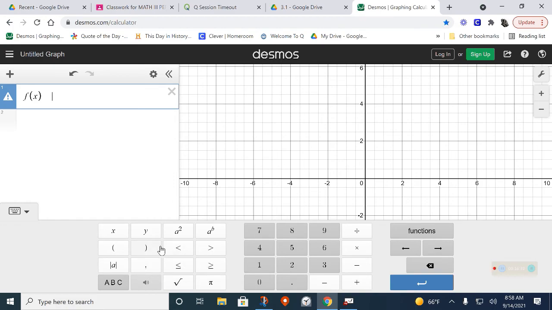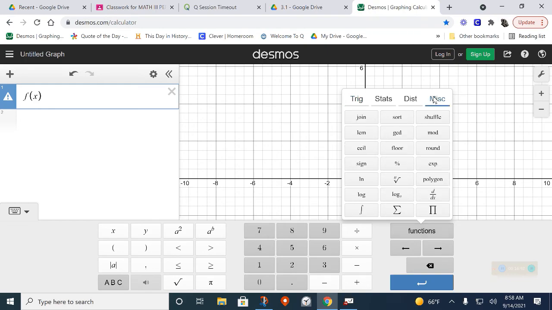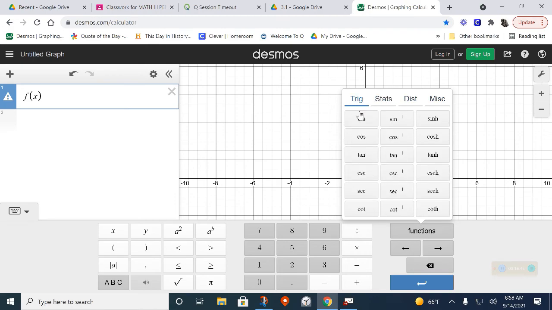Click functions, maybe? Unfortunately, we're going to have to translate the cube root.